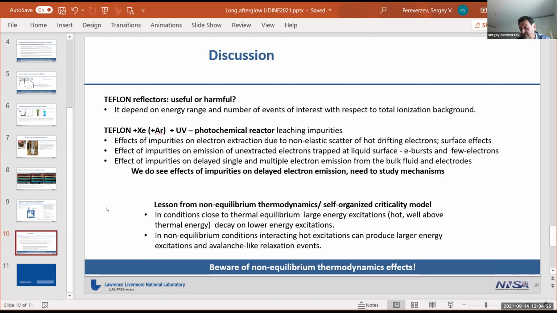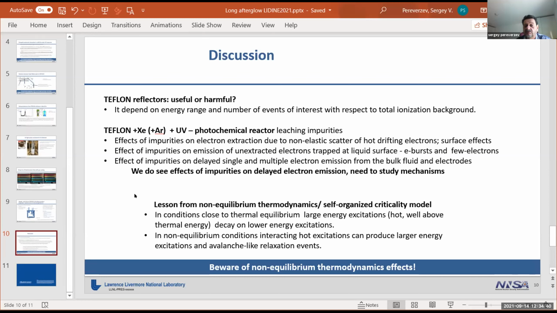But likely for rare events, low energy events, the background produced by Teflon will dominate over the positive effect of using a Teflon reflector.